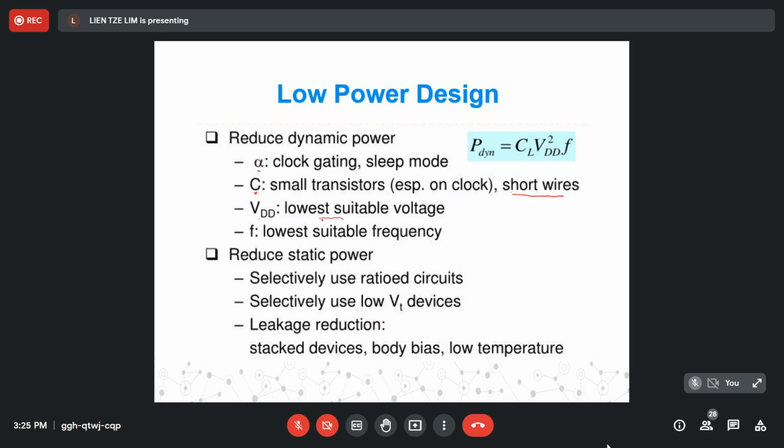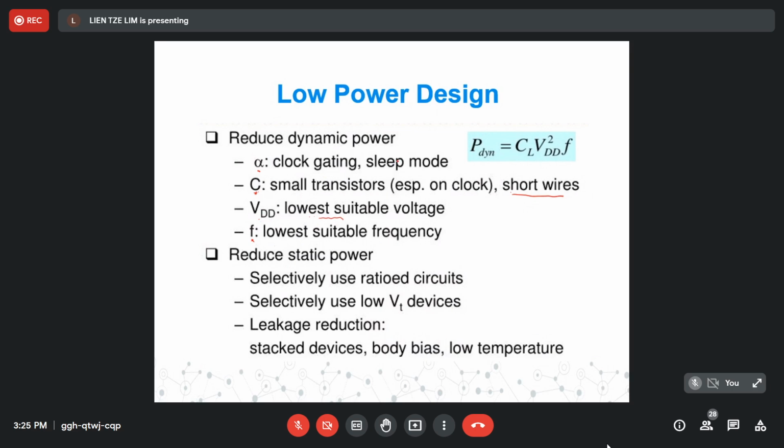As I mentioned just now, if the supply voltage is very low, the performance of the device will not be good, so we cannot choose a very low supply voltage. It means not too low, not too high, but the suitable one. And then the frequency, which is the clock frequency. We must choose the lowest one, not too high, because a high frequency will cause high power dissipation.